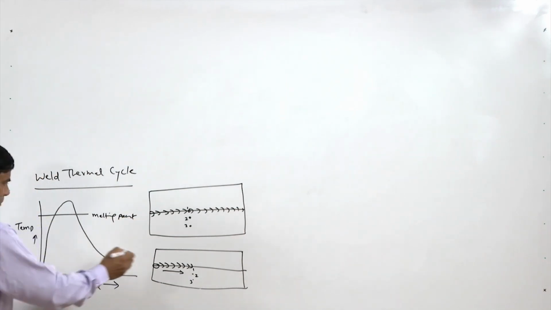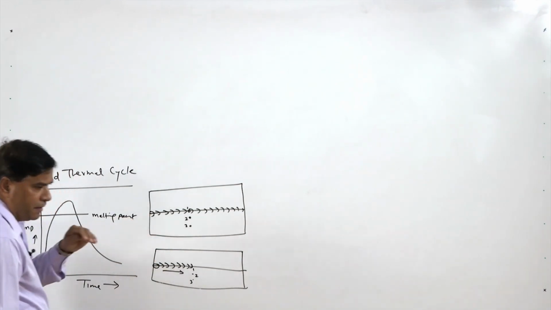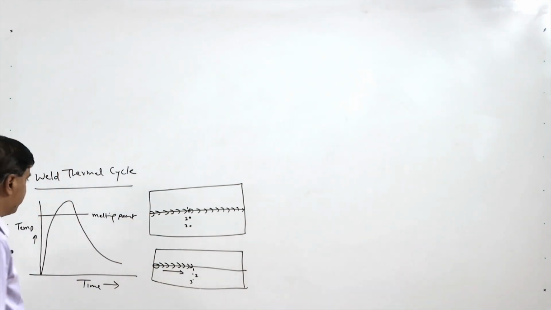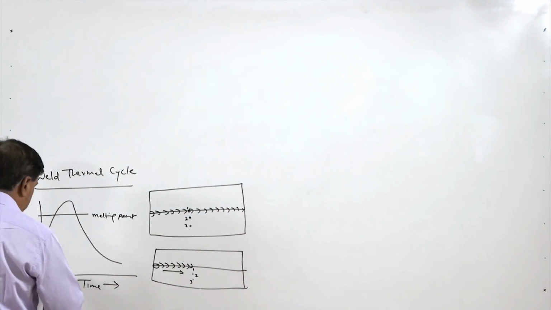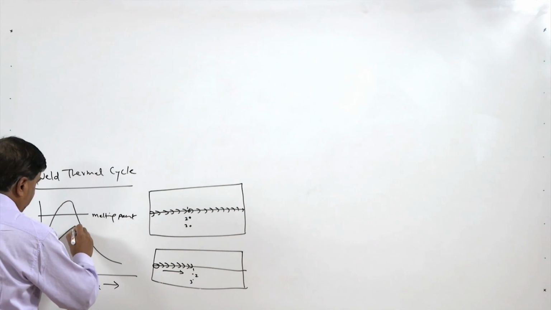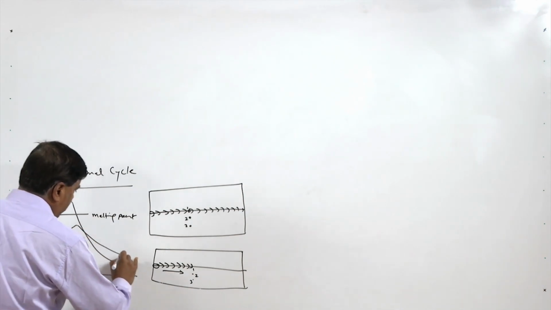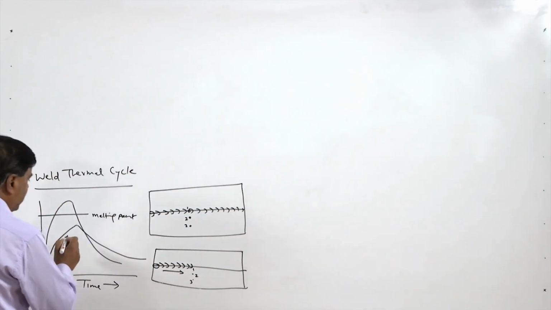Point 2, which is still in solid state and has not been melted in the course of welding, will have a lower temperature. Here the rise in temperature will take slightly longer, and then it will cool slowly like this.